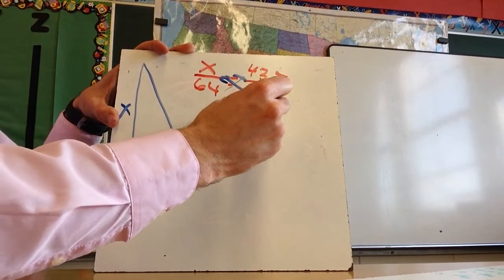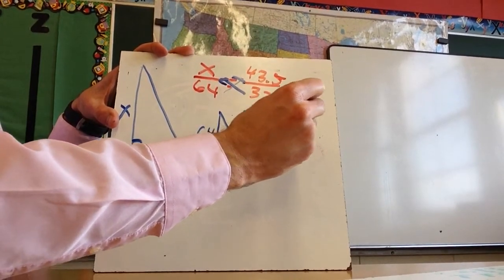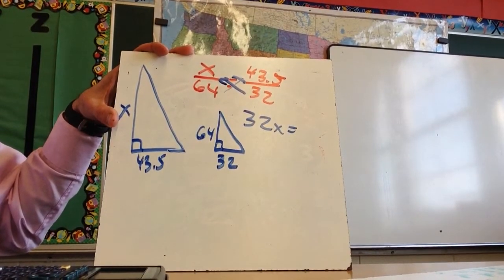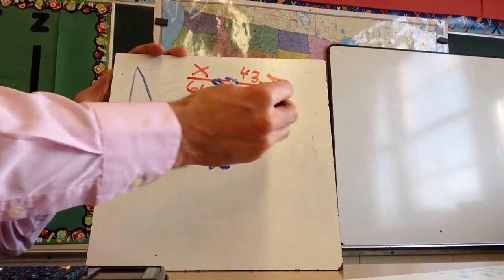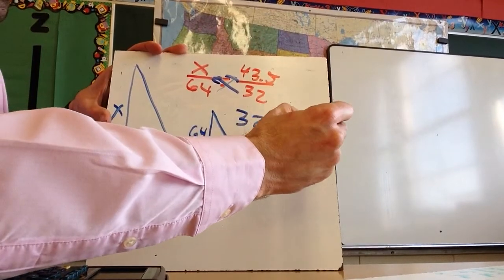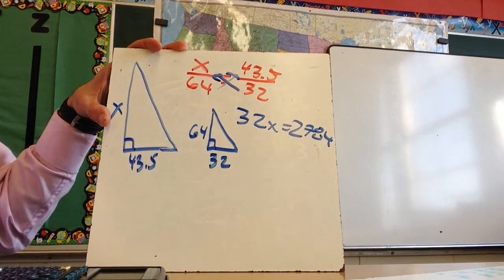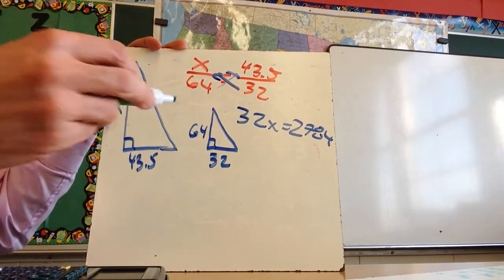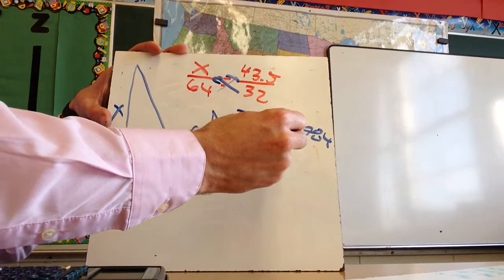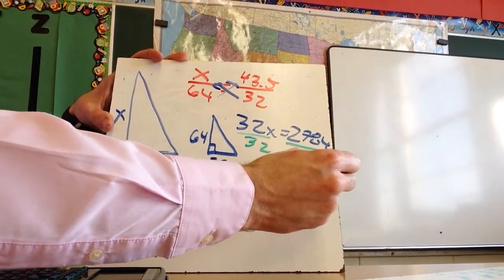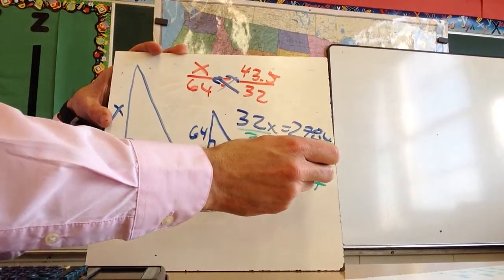So this becomes 32x equals 43.5 times 64, which is 2,784. Then I'm going to take the number in front of the x, which is the 32. I'm going to divide both sides by 32, and x equals 87.